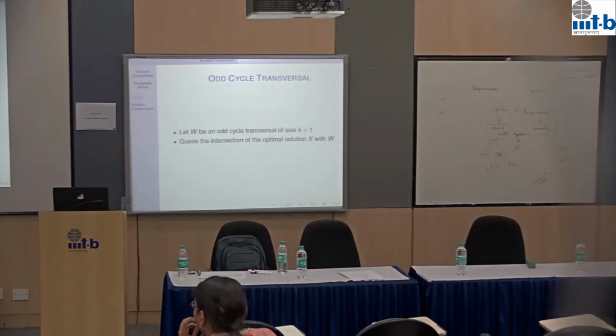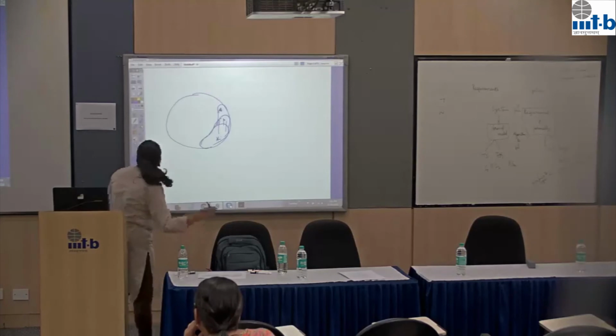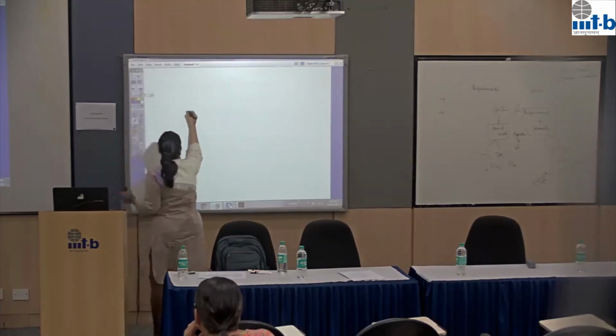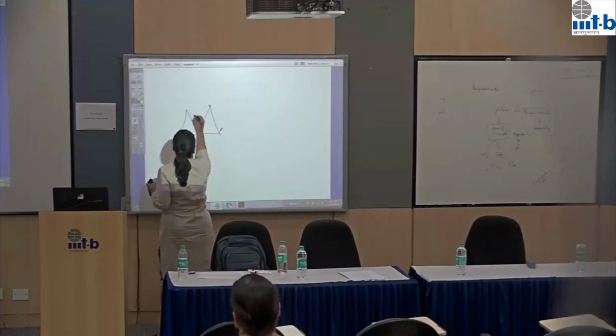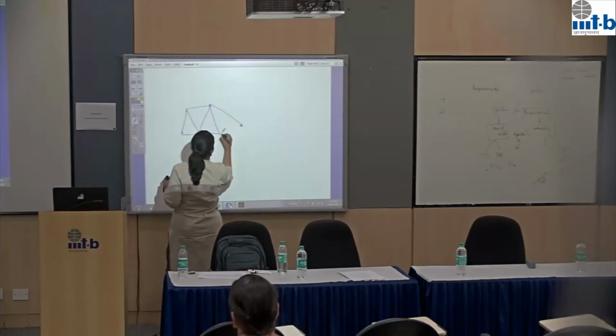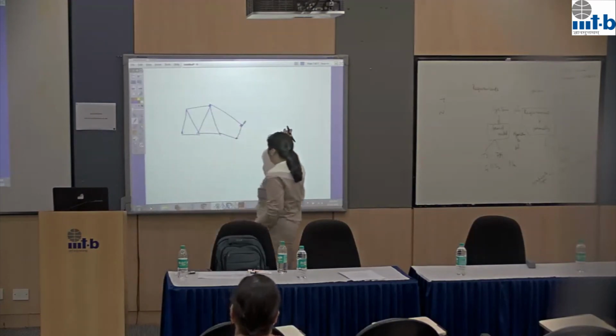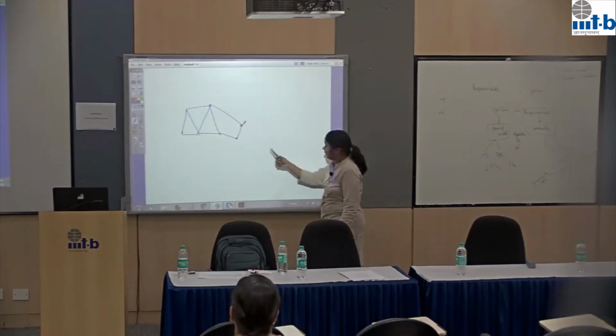Maybe I'll give an example. Let's say you have a graph like this. It has a number of odd cycles, right?